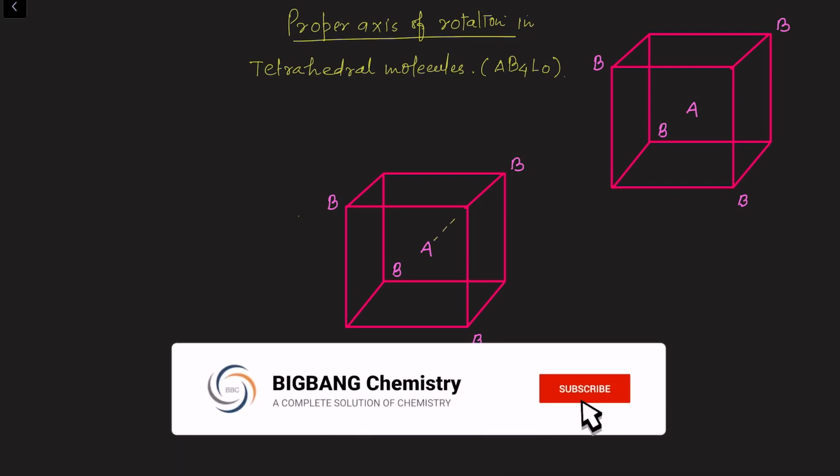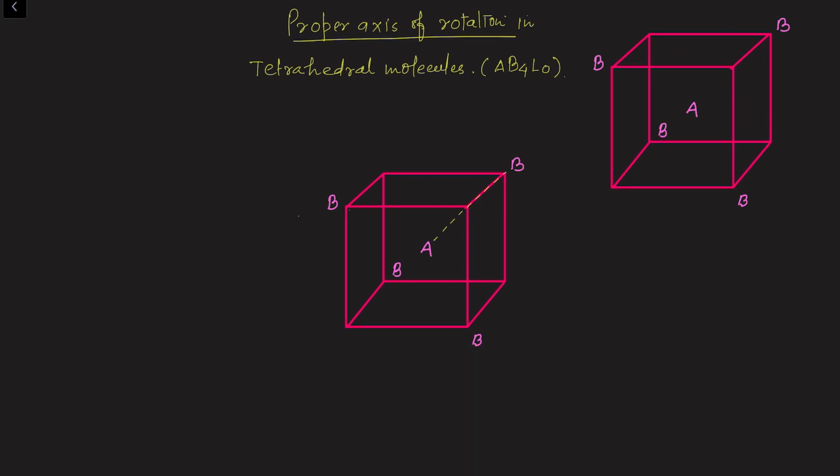Just try to join all the A and B atoms with this broken line. Now when you look closely, all the yellow broken lines will give you the appearance of the tetrahedral molecule. So whenever any tetrahedral molecule, with lone pair or without lone pair, comes before you and you need to select the proper axis of rotation, you should first convert that molecule into the form of a cube.